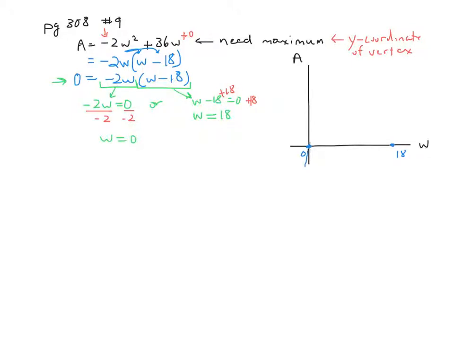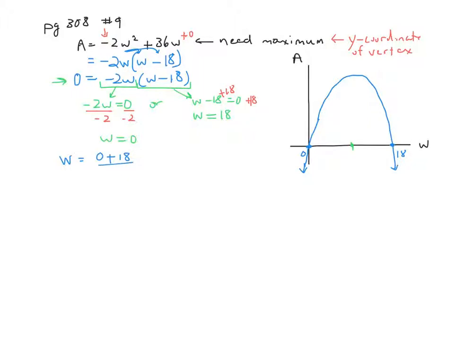So that means if I were to sketch this, I'm going to have my parabola coming up and then coming down. And we know parabolas are symmetrical. That means that halfway between the 18 and the 0, that will be the value of the width that's going to produce the maximum area. Well, to get that value of the width, we're going to add those zeros together and divide by 2.